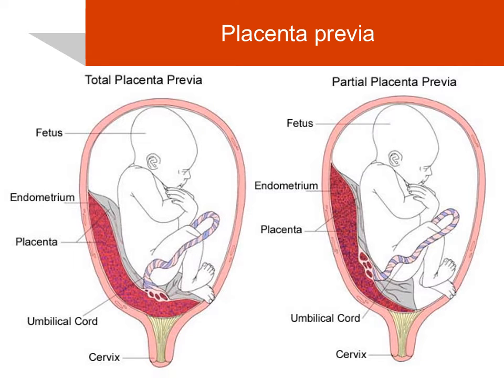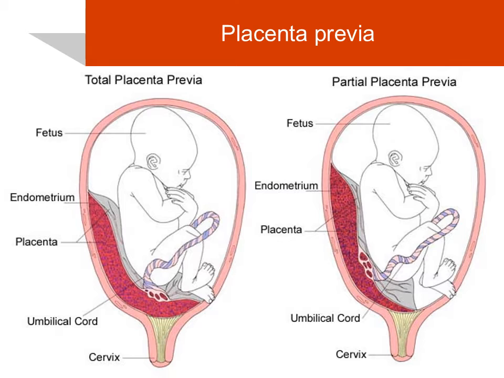Placenta previa occurs when the placenta implants totally or partially in the lower segment of the uterus rather than in the fundus. In complete previa, the internal os is completely covered by the placenta.